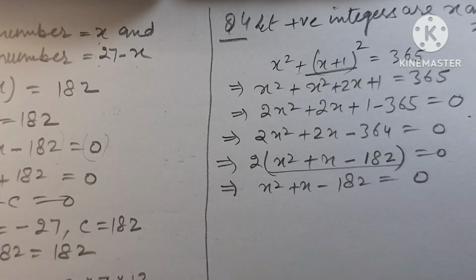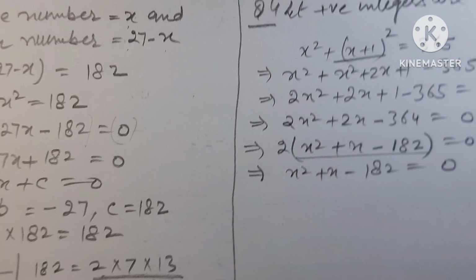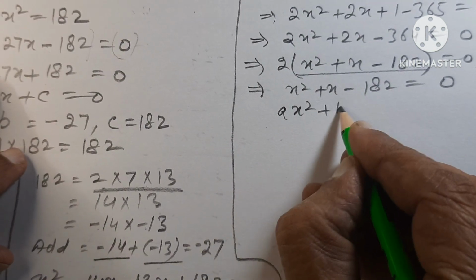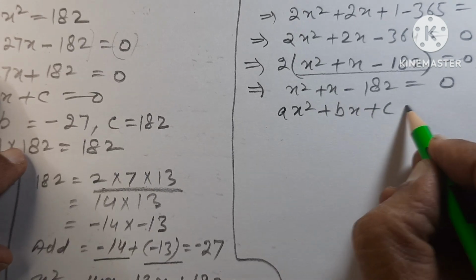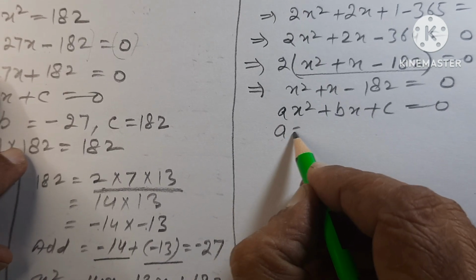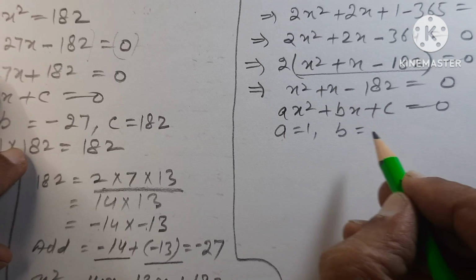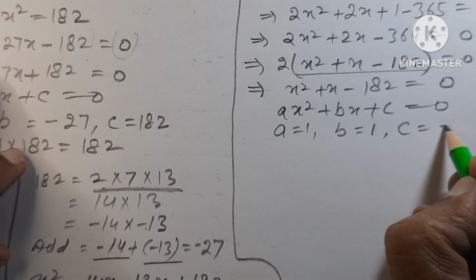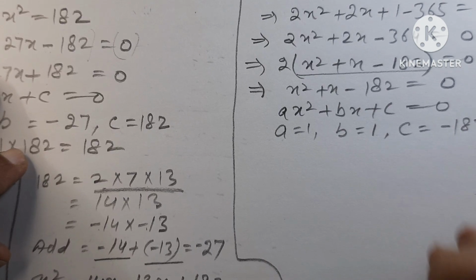Standard form of the equation is ax square plus bx plus c is equal to 0. a is equal to 1, b is equal to 1 and c is equal to minus 182.